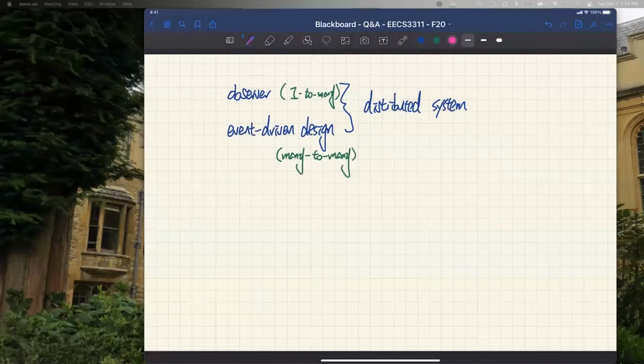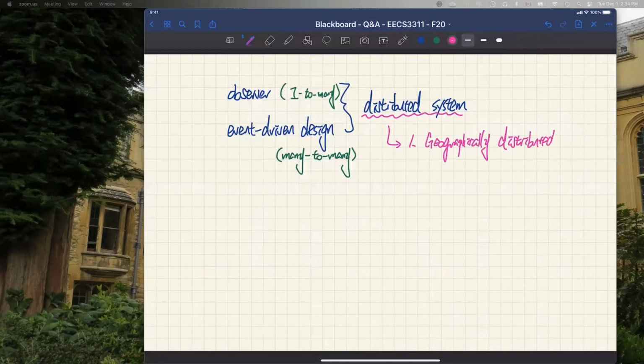Now for distributed system, in the more restricted sense, the server and clients are geographically distributed clients and servers.